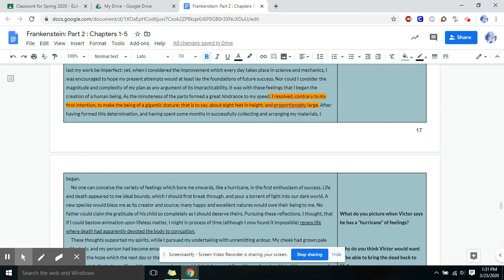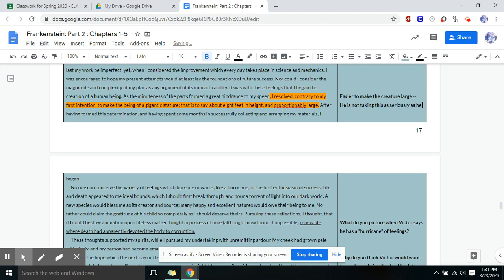And he makes the creature large because it's easier, right? Now, this should be kind of like a tip off for you that he is not taking this as seriously as he should. This is a big undertaking, right? And if he can't figure out how to make it human size, then he is probably not well equipped to be doing this, okay?